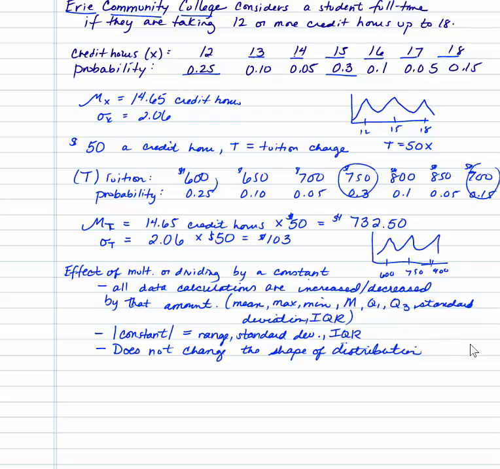If you wanted to keep the same type of scale, where this is 12, 13, 14, 15, 16, 17, 18, there'd be a lot of numbers to get to 600, to 750, and to 900. But technically, the shape of the distribution is going to remain the same.